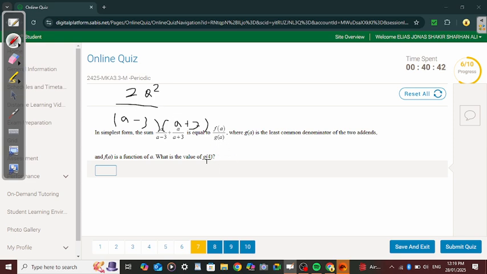Okay, so they're saying G(4) and here they said G(A). So they're substituting A by the value of 4. So all we're doing is just substituting A by 4. This one's a really easy question.